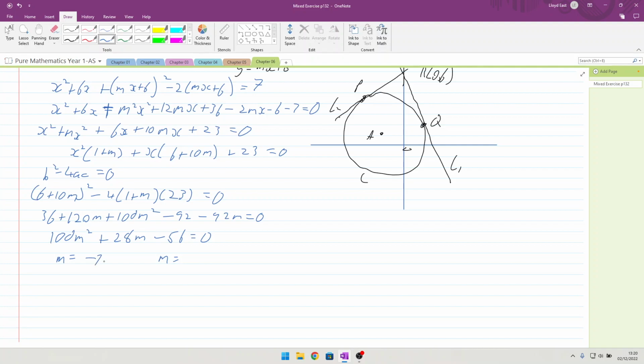Let's see, minus 7 minus 3 square root 161 all over 50, and needless to say, minus 7 plus 3 square root 161 all over 50. And if I wanted, that's about 0.6, and the other is about minus 0.9.